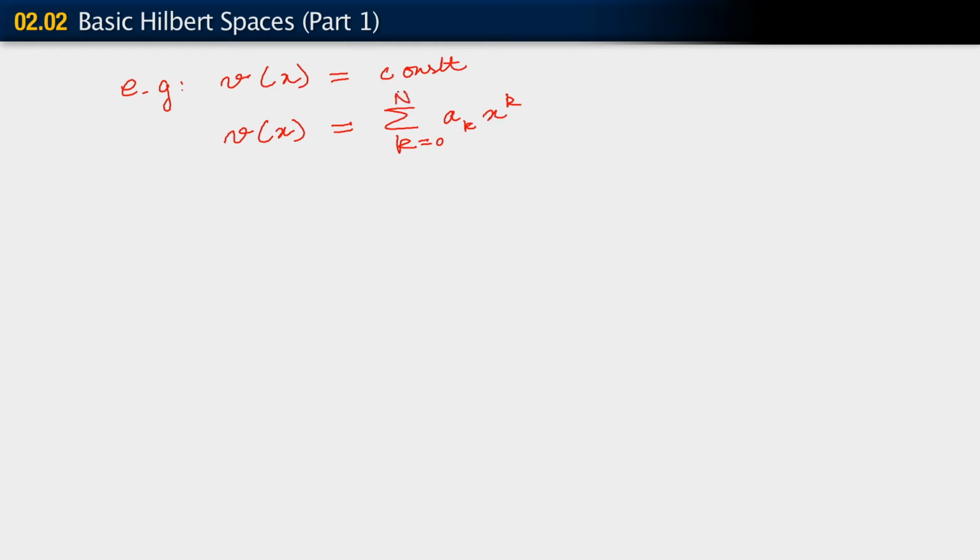This is also allowed. v of x equals h of x minus x naught, where h denotes the Heaviside function. So h of x minus x naught is the Heaviside function located at x naught.